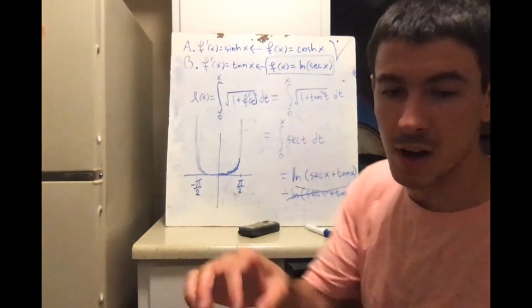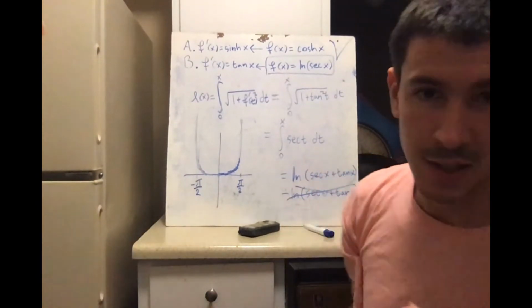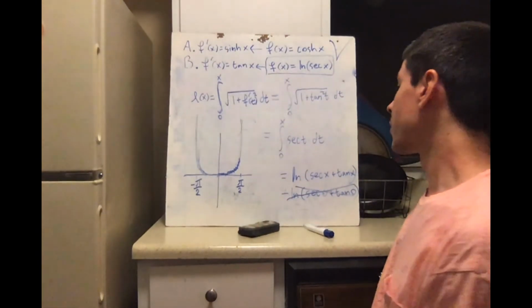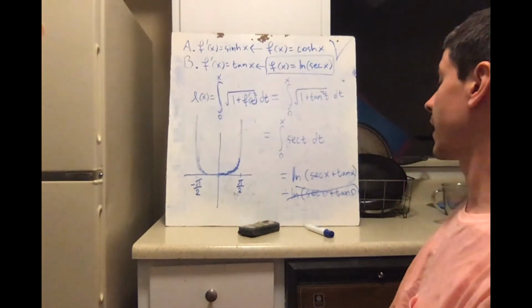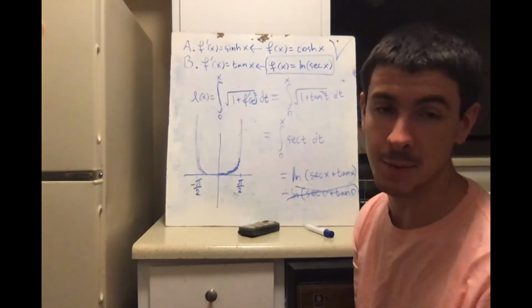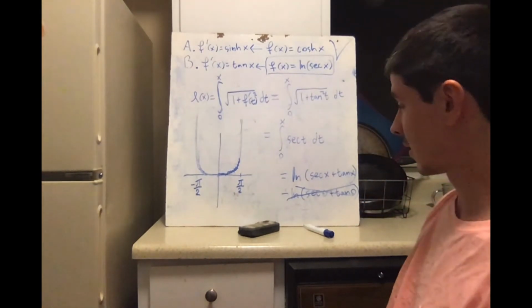It's just the natural log of secant x plus tangent x, which is a quantity we've seen before. And yeah, so there's some hopefully optimistic examples of where we can find the arc length.